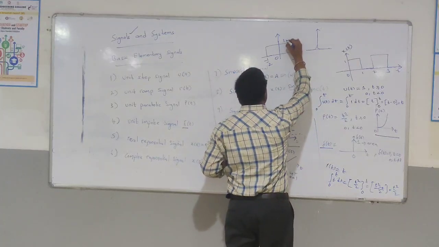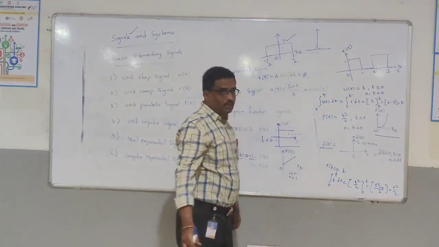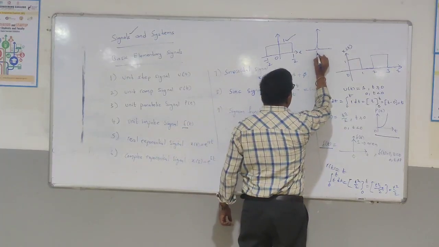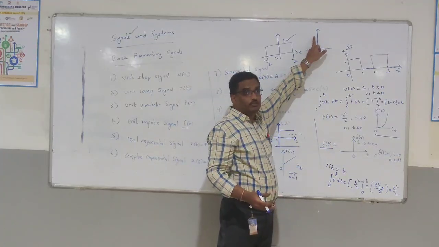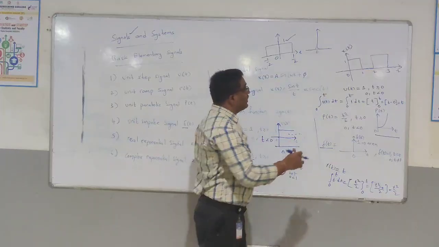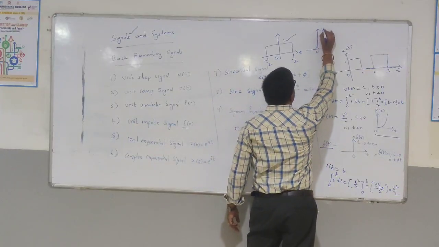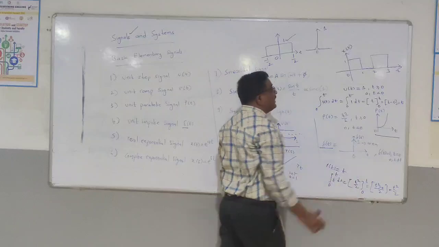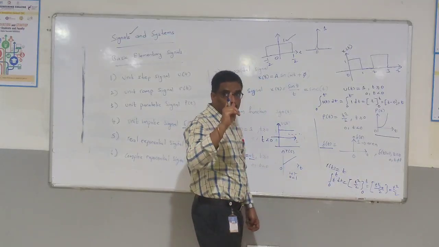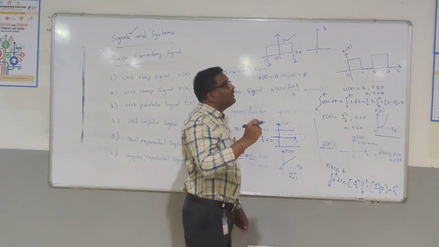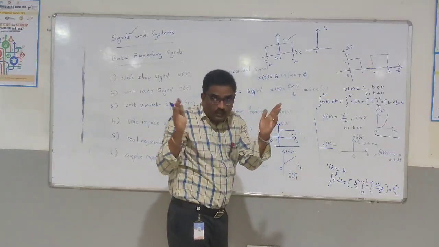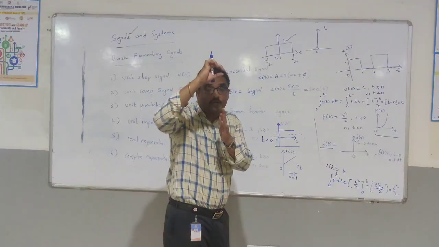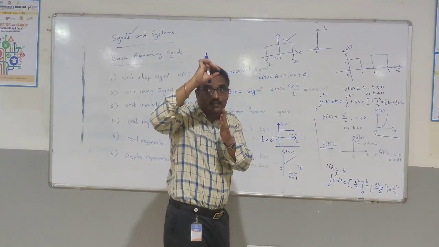Here I am able to know the amplitude and time period, but here I am not able to know the exact amplitude of the signal. So I represent the amplitude in terms of 1. Why? If you compress the signal to the 0 level, I am not able to find the exact height of the signal.